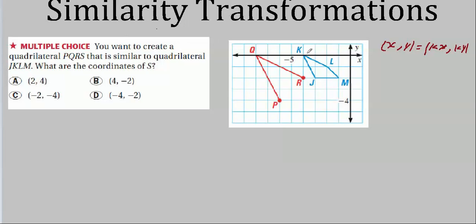This is the second letter in the original, and this is the second one in the image. We're supposed to write them in the same order so we can keep track of what corresponds to what. In this case, K corresponds to Q, and Q is just double K, isn't it? This is 4, and this is 8, I think. 1, 2, 3, yeah, this is 8. So we just found our scale factor.